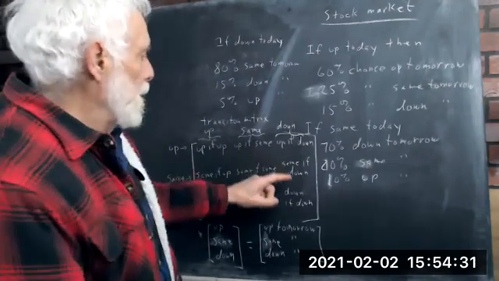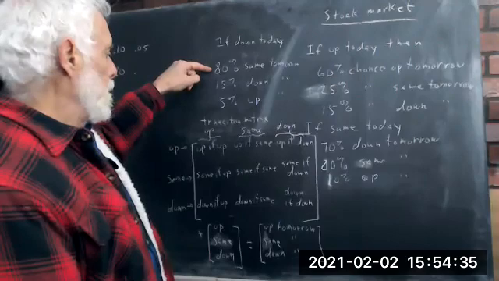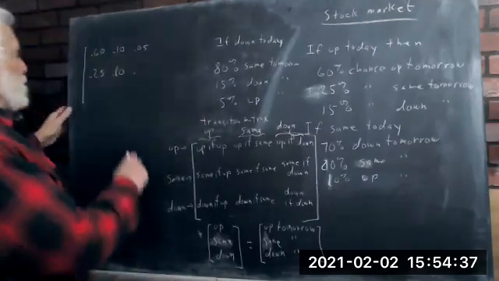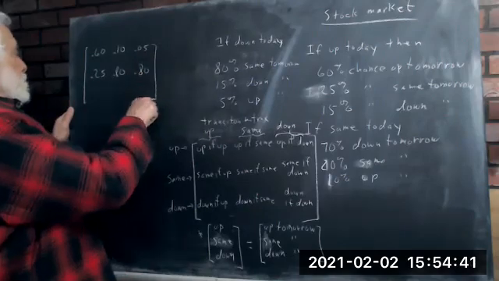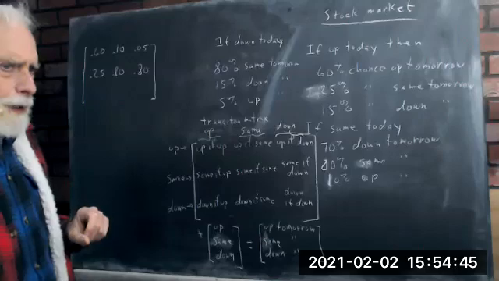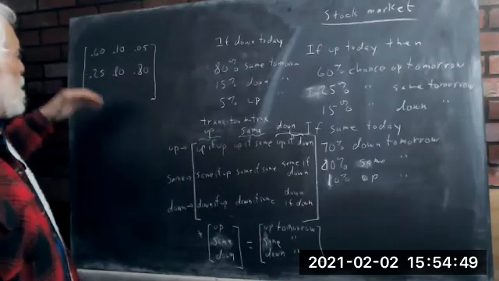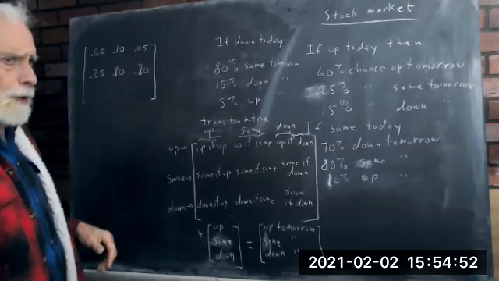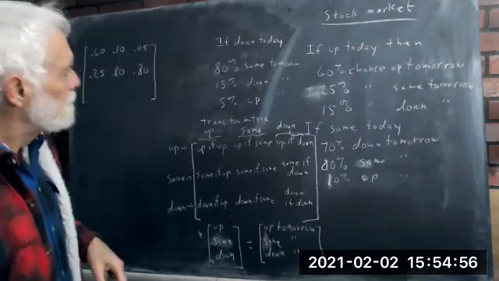And same if down: if it's down, there's an 80% chance that it'll be the same. And it looks like this is going to predict that these probabilities are all high except this one. Predict a tendency toward being the same unless the market is up.